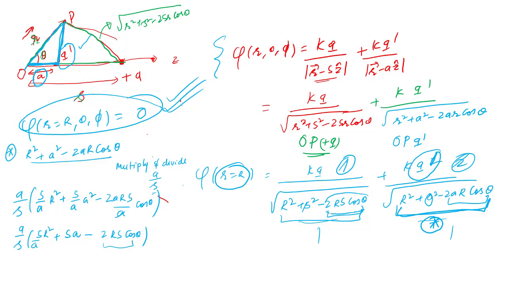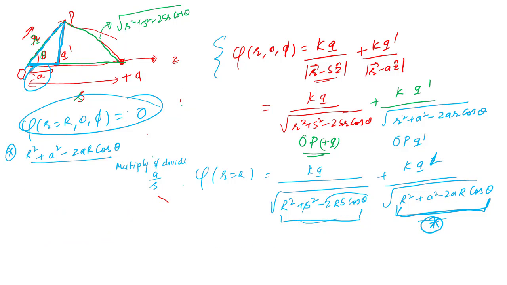Now we can suppose that we can choose a, because it is up to us to choose this a. So if we pull out a by s, you get s by a r squared plus sa minus 2sr cosine theta, right?